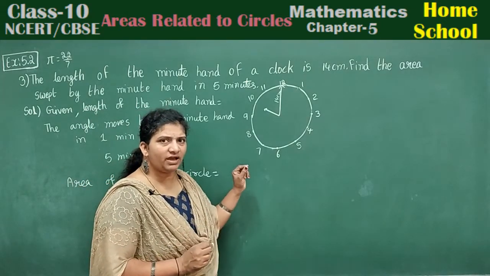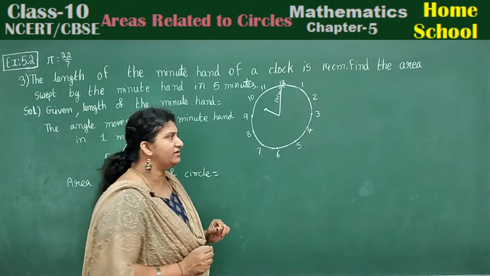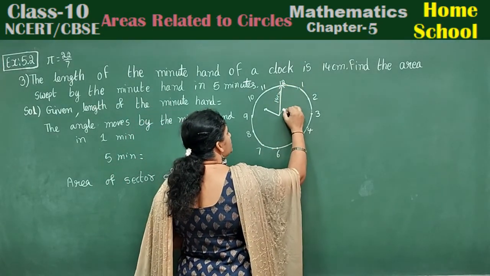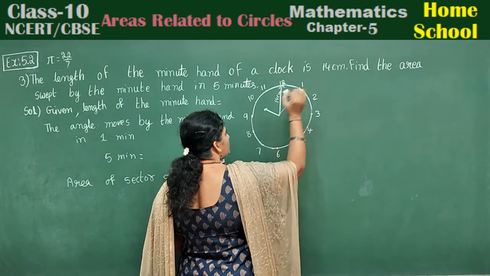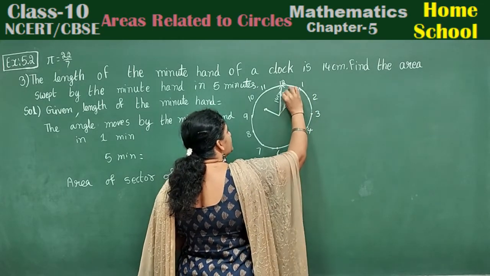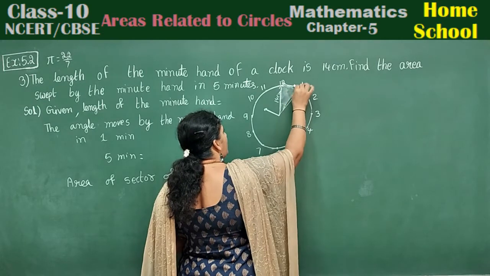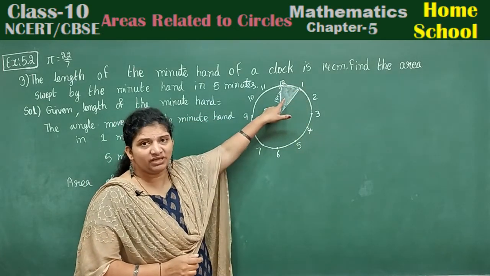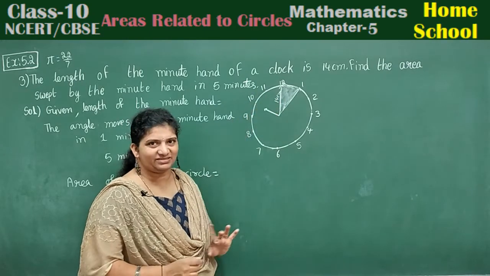This means the hand moves 5 minutes, up to 1. So what is this area is your problem.